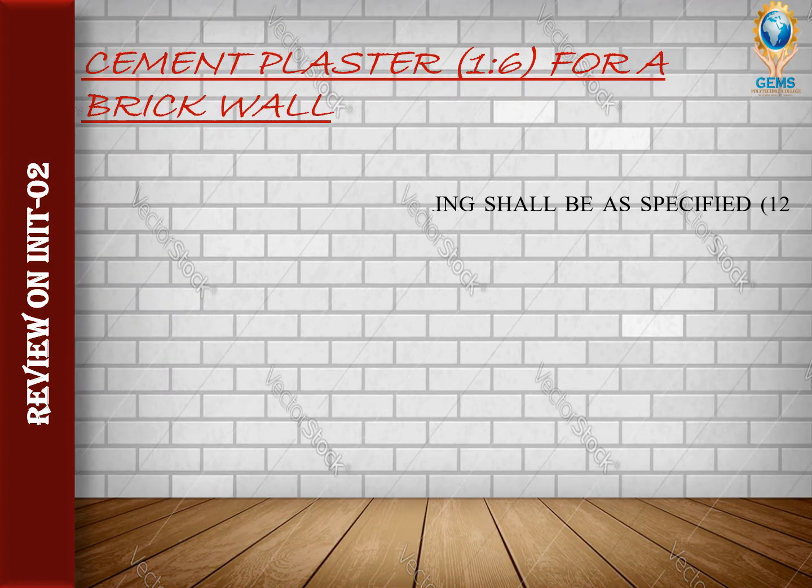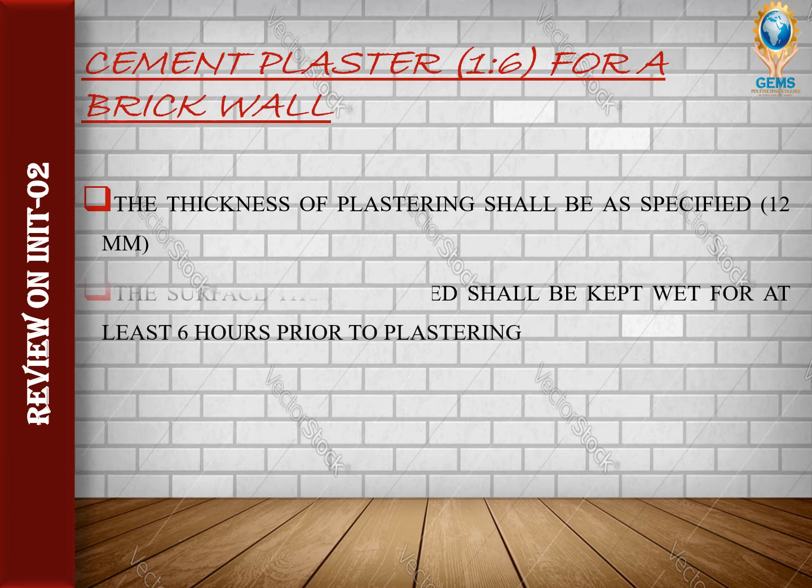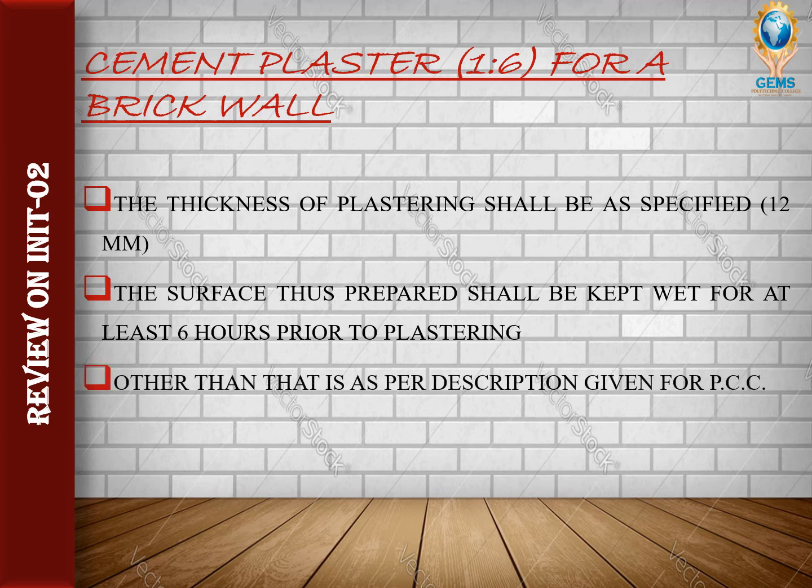Then the next one is cement plastering for a brick wall. What are the specifications? Plastering work is nothing but the brick wall plastering work. The thickness of the plastering should be 12 mm. Before doing the plastering work, the surface shall be kept wet for at least 6 hours prior to plastering.